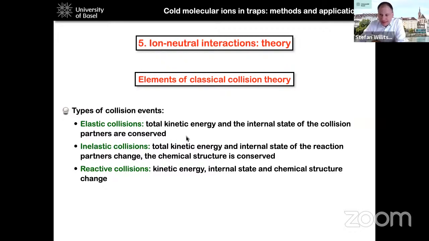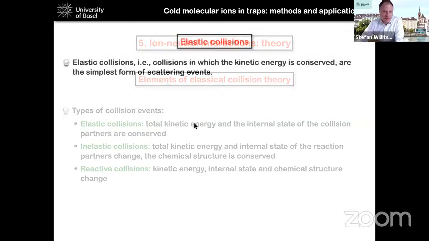This is the case when the total kinetic energy and the internal state of the collision partners can change during the collision, but their chemical structure is still conserved. And then we have reactive collisions, the most complicated of all of them. This is where kinetic energy changes, internal state changes, and also the chemical structure can change. We will encounter all three types of these processes over the course of this lecture.